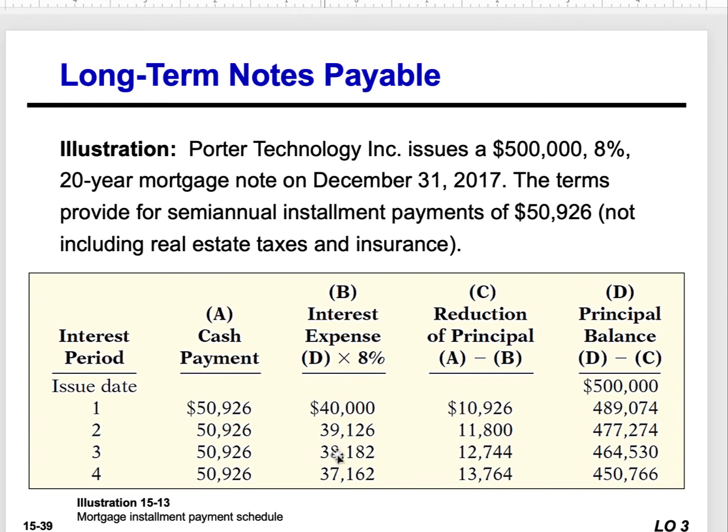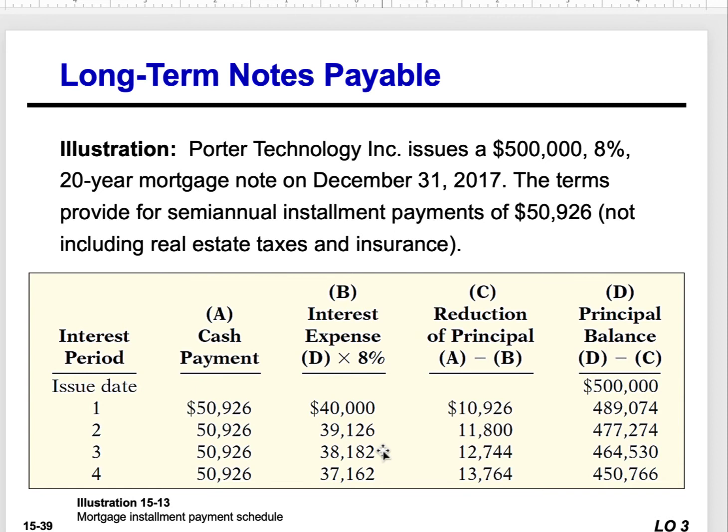To figure that out, I have to go to D. It's $477,274. We multiply that by the 8% interest. We see that from this third installment payment, the interest portion is $38,182.